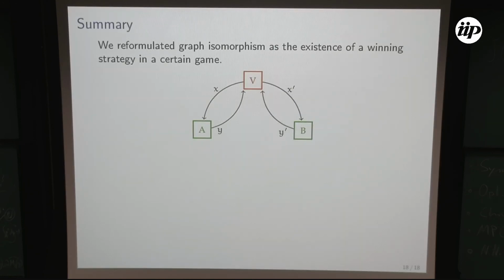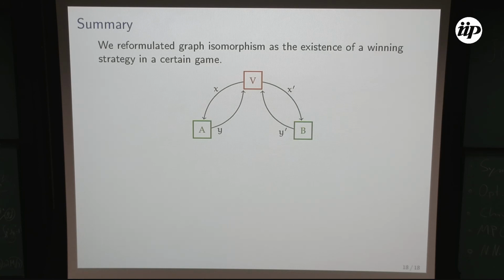All right, so now let me just summarize. What we just saw is that all these relations are really different relations on graphs. Our starting point was to think of graph isomorphism in terms of an interactive protocol where Alice and Bob talk to a verifier and they're trying to convince the verifier that the graphs are isomorphic.